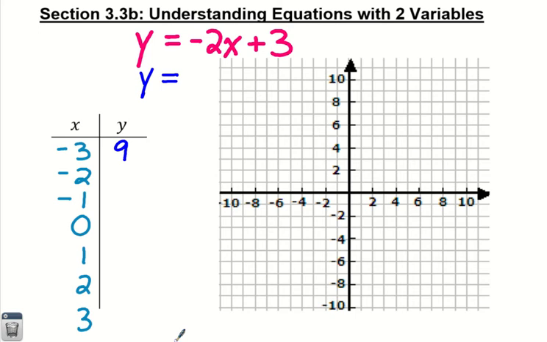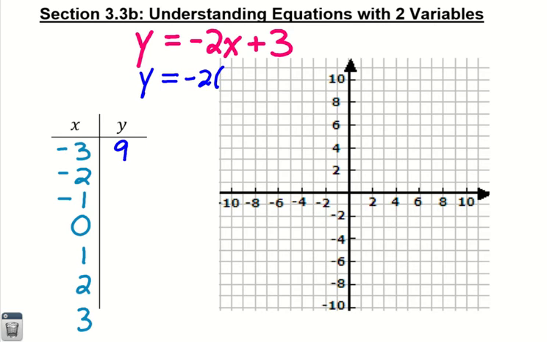Okay? But what if we let x equal -2 instead? If we let x equal a different number, aren't we going to get a different answer for y? So -3 and 9 make a good pair, as in an xy pair. But if we plug in -2 for that x, what are we going to get instead? -2 times -2 will be 4, and then +4 plus that 3 will be 7.